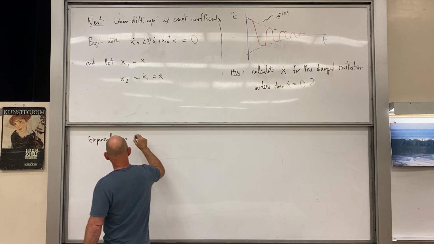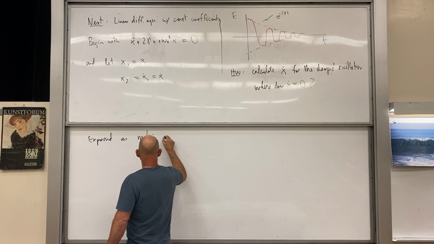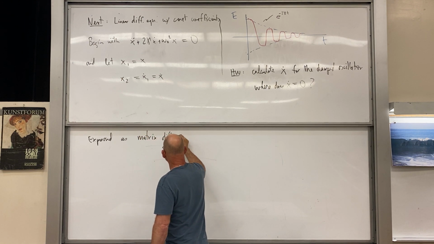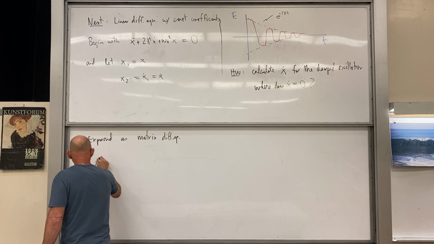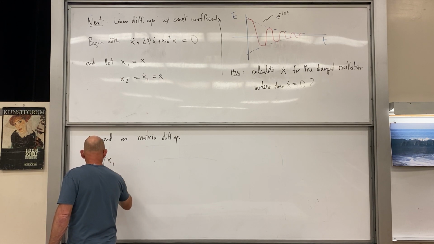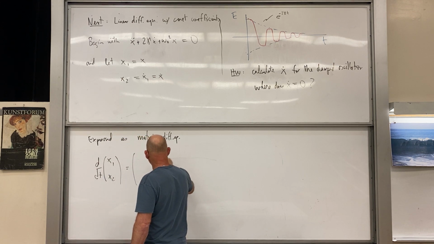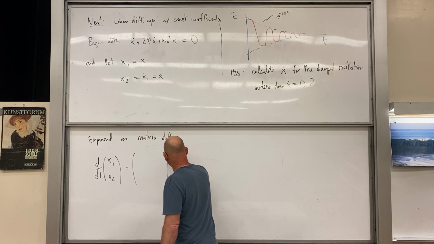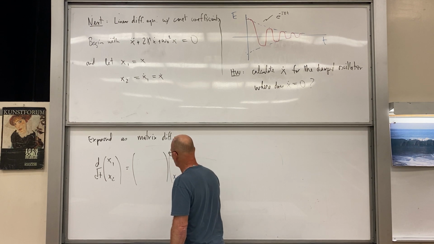I'm just going to call it a matrix diff EQ, by doing the following. d over dt times this vector is equal to a square 2 by 2 matrix times the vector.